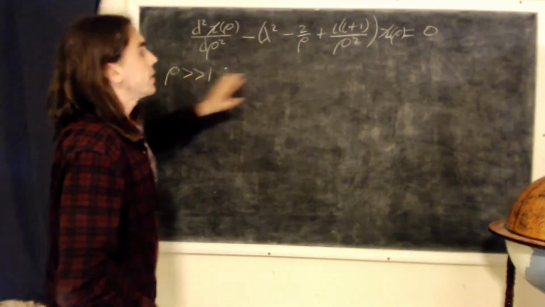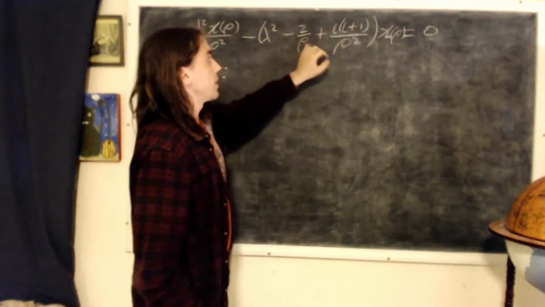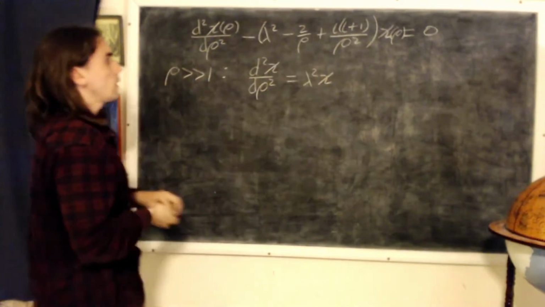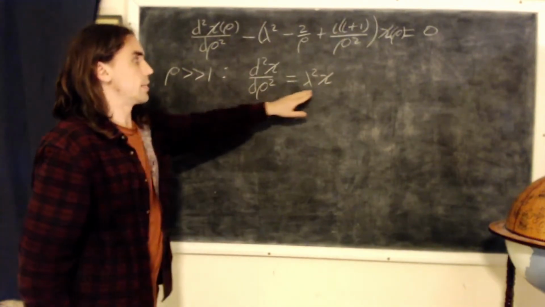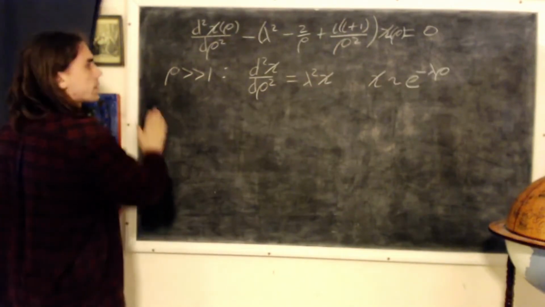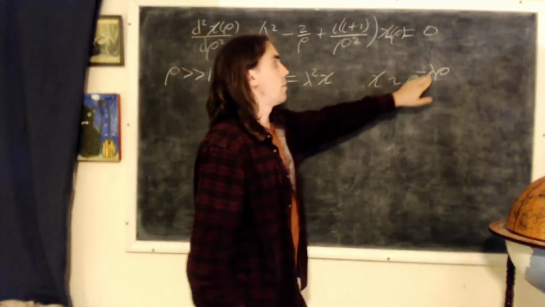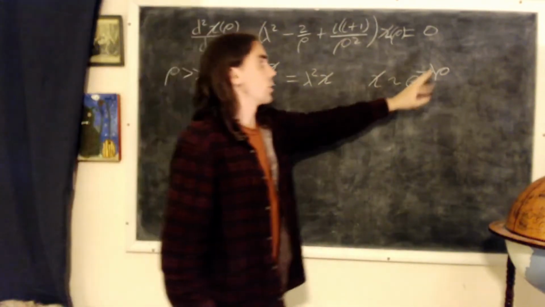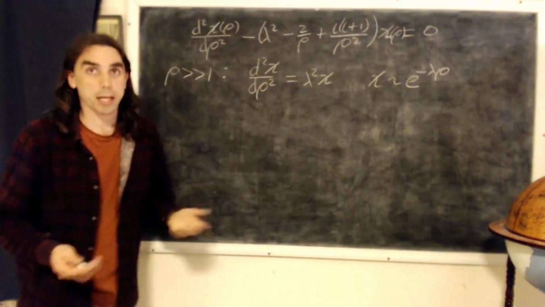In that case, we lose this term and this term because they're divided by rho and rho squared respectively. Our equation becomes d squared chi by d rho squared equals lambda squared chi. And so the relevant solution is chi goes as e to the minus lambda rho for rho much greater than 1. The other solution that we could have had would not be normalizable.